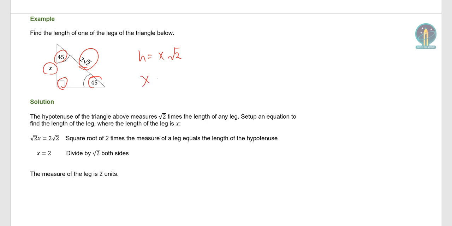So the leg is equal to the hypotenuse divided by square root of 2, which in this case is 2 square root of 2 over square root of 2. Square root of 2's cancel out, so the length of each leg is 2 units.